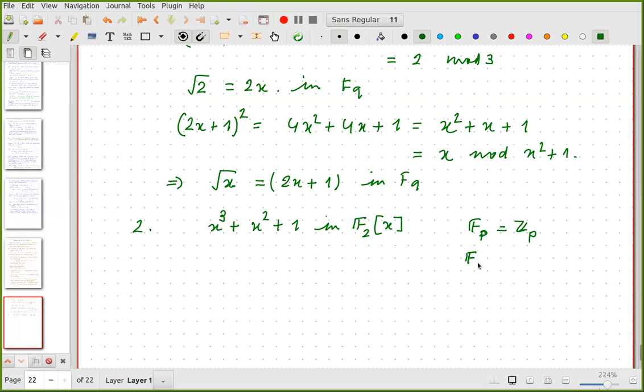So a field consisting of q elements, if there is a field of q elements, then q has to be some power of some prime.